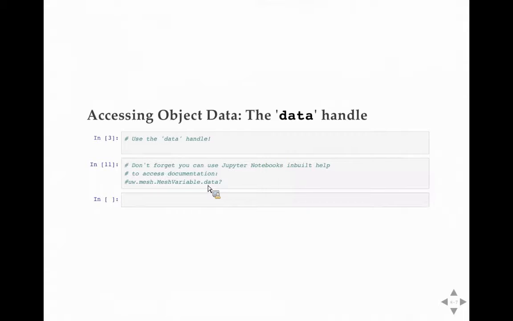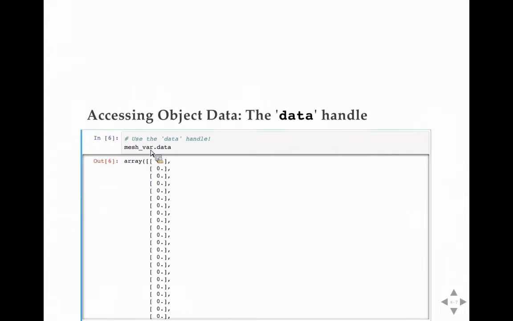Right, so I mentioned we've exposed our data as NumPy arrays. The way you access that is via the data handle on the object. Various objects have data handles on them that allow you to access whatever data relates to that object. So, for instance, we have our mesh variable, and we use .data. We have a look at it, it says 0.